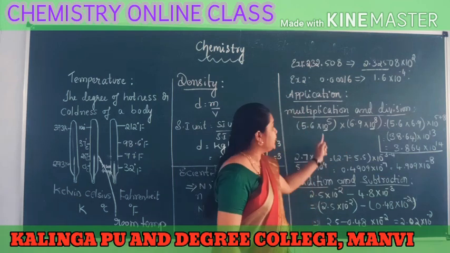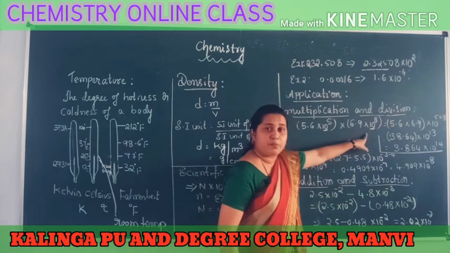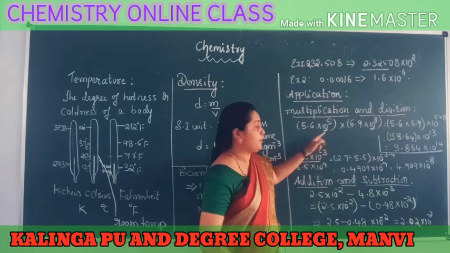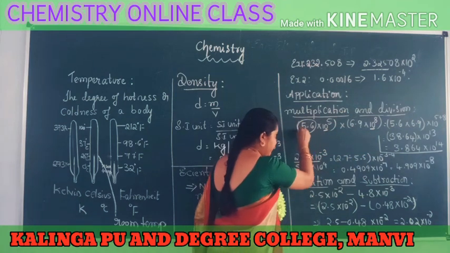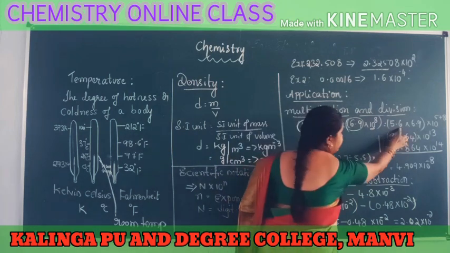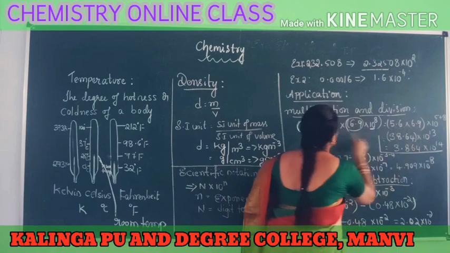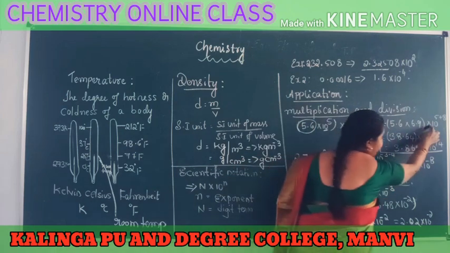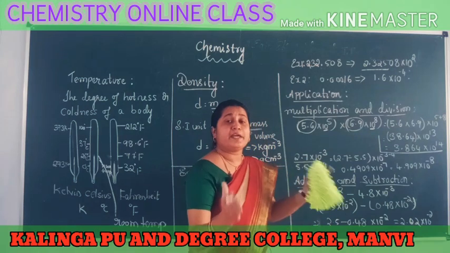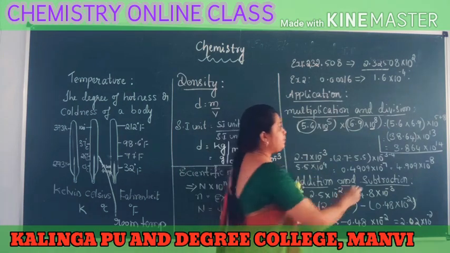So 10 power 5 and 10 power 8 is written as 10 power 5 plus 8. 5 plus 8 will become 13. And when you multiply 5.6 into 6.9, you get the value 38.64.